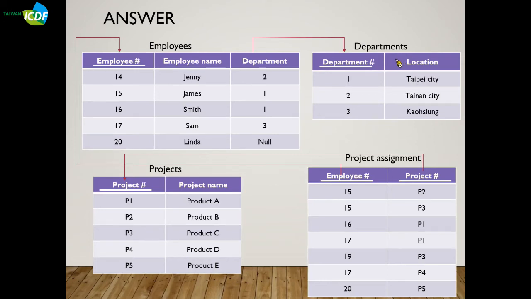The same situation happens on the project table. The non-key attribute project name is also not the primary key of another table. So the project table has no foreign key either. Finally, project assignments has a composite primary key, according to what I just mentioned.